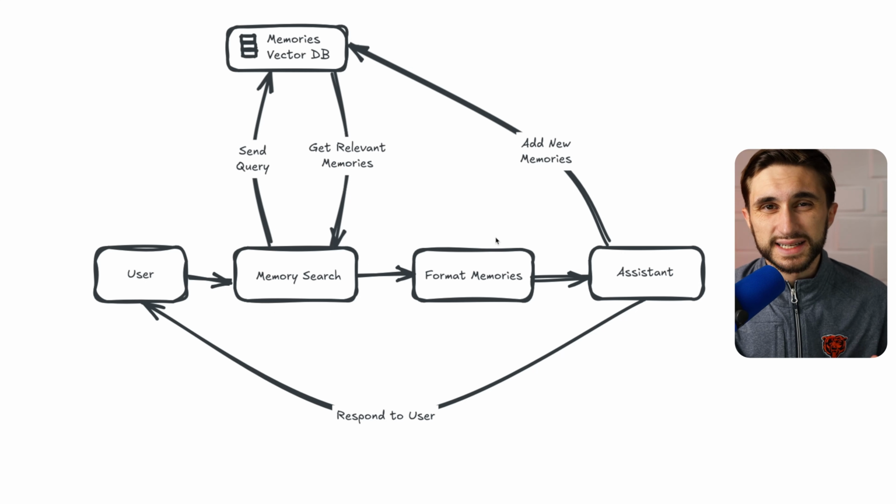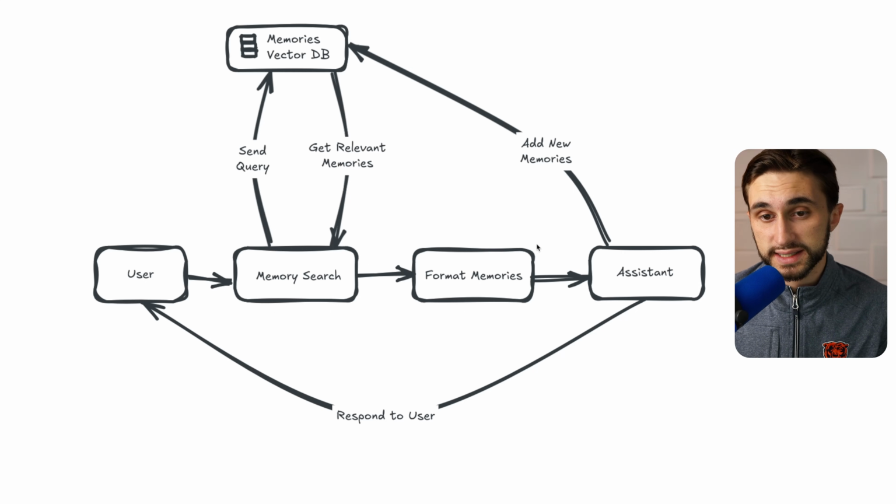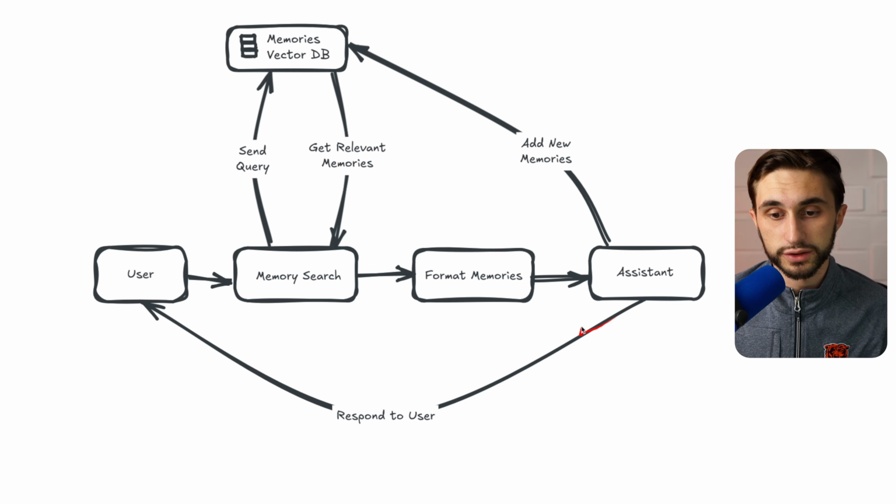Now, what makes this system self-learning? Well, the assistant has two options. They can either just respond to the user, or they can also add new memories to the memory vector database. So if the user sends something through that isn't already in the memories vector database, then this assistant right here is able to actually add that memory.